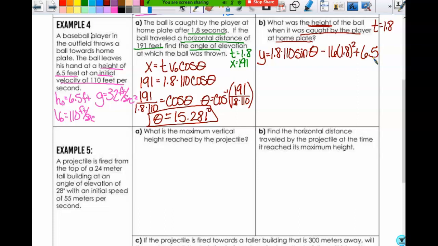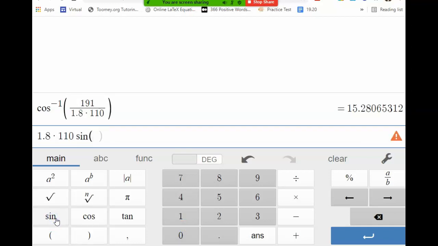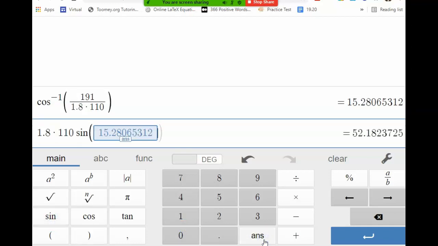Okay, so then at this point, I'm just going to type all that into my calculator. And remember, I'm not typing this number in, I'm using what's in my calculator. So I'm going to type in 1.8 times 110 times the sine of the answer, right there, I'm going to close my parentheses, minus 16 times 1.8 squared plus 6.5.